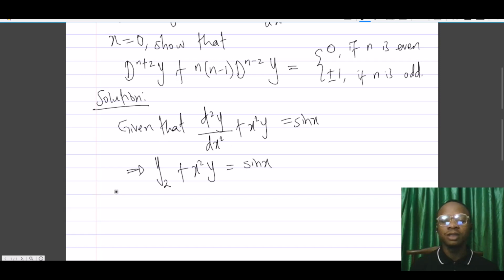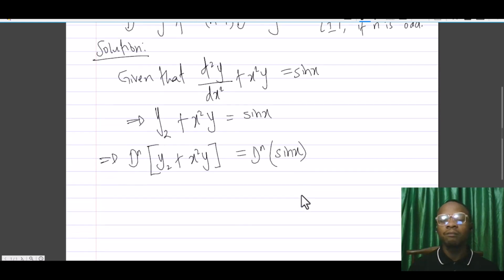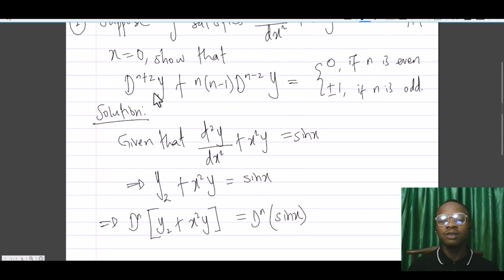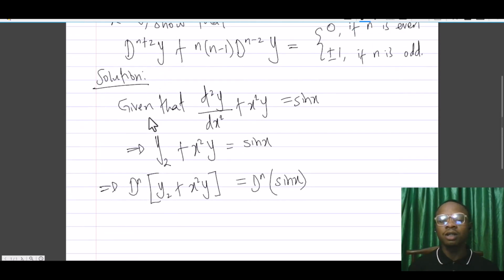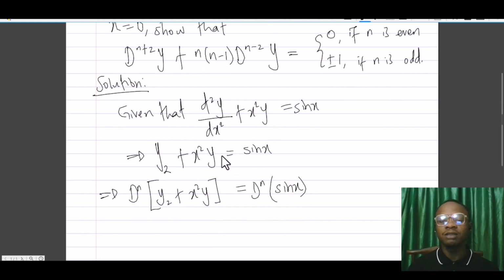So then if we take the nth derivative of both sides, the nth derivative of y sub 2 plus x squared y will be equal to the nth derivative of sine x. Why are we doing this? Because this means y sub n plus 2, the n plus 2 derivative. So to arrive at something similar to this, we just have to take the nth derivative of this equation.